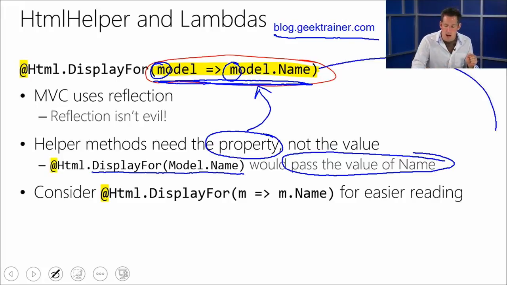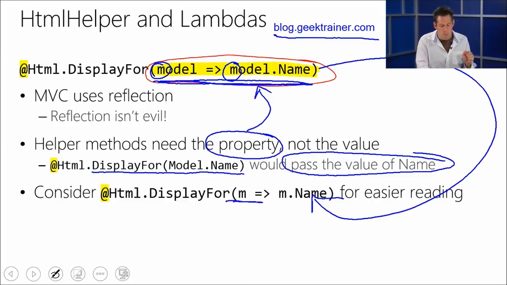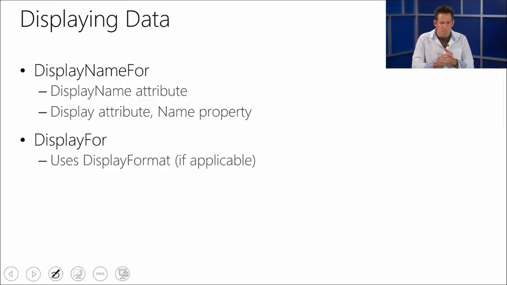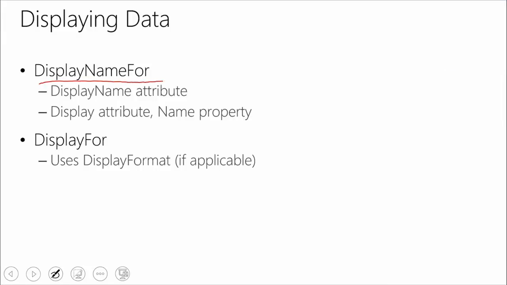So whenever I actually write my code on my own, I'm always using M instead of model. I think that reads a little bit better. Other people have their own opinions, but for my money, I think that reads a bit better.